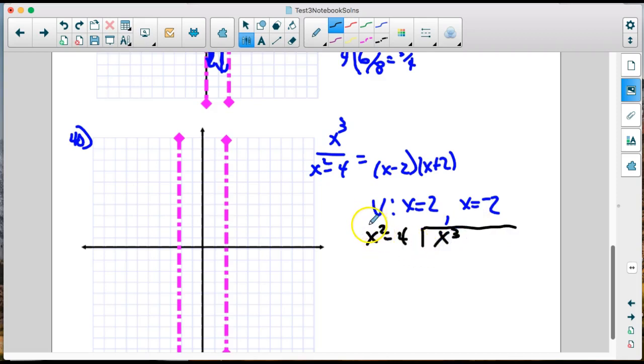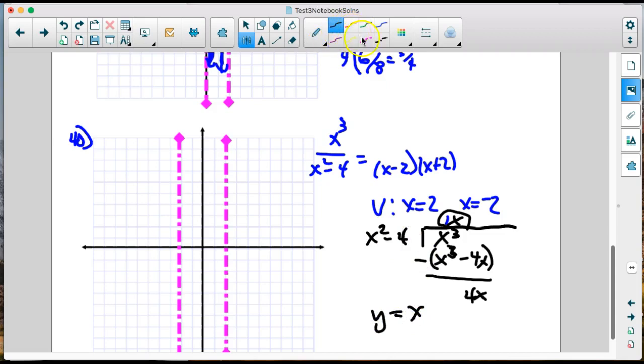So I find my horizontal asymptote. We do x here. That'd be x squared minus 4. Our x cubed minus 4x. Sorry, got to multiply this times both of those. We subtract, we get 4x. This doesn't go in evenly anymore, so this is my slant asymptote, y equals x.